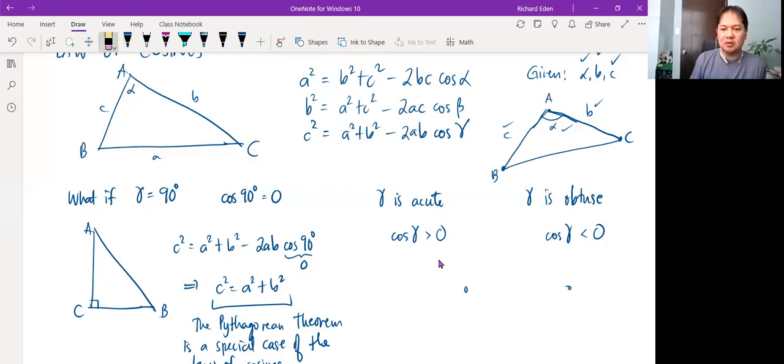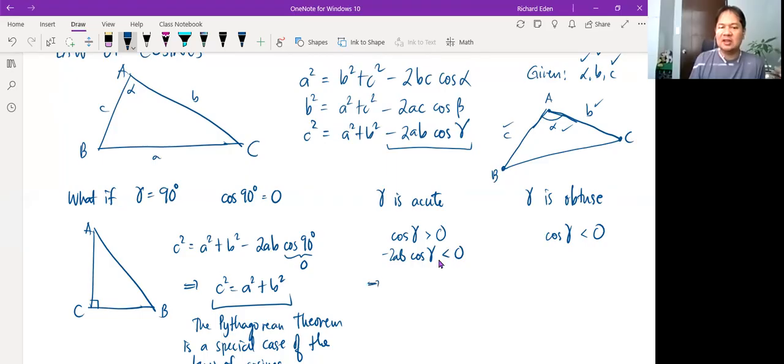And so consequence is that if you look at the third equation, if cosine gamma is positive, that's going to make the last term minus something positive. So mangyayari, minus 2ab cosine gamma will be negative.